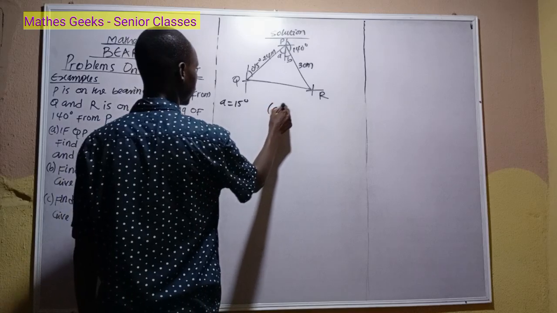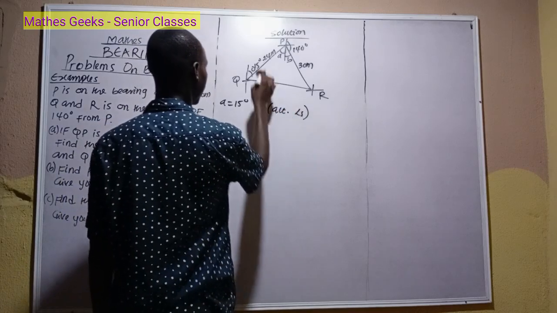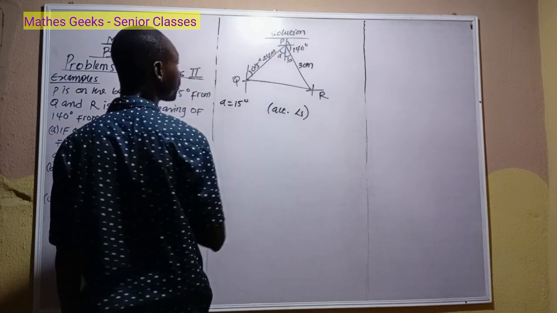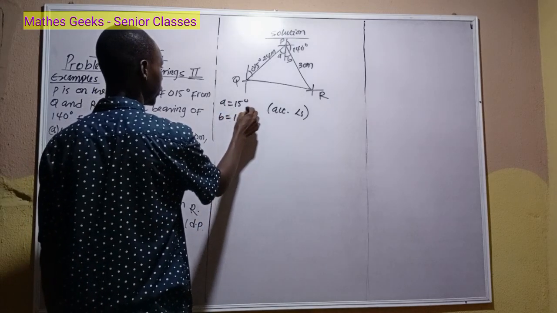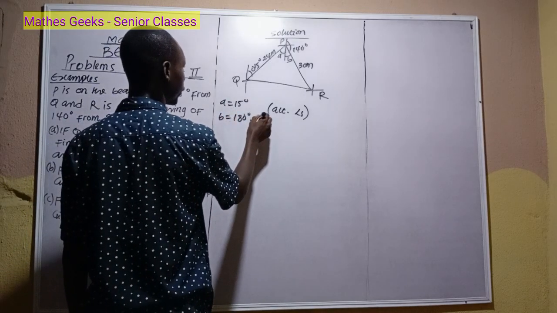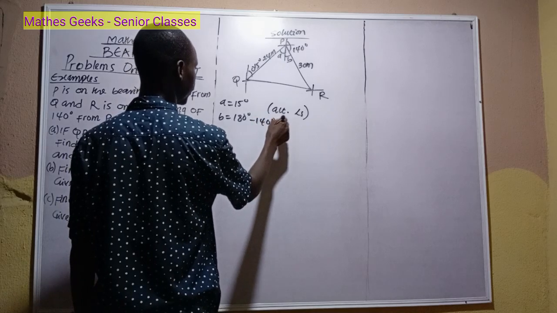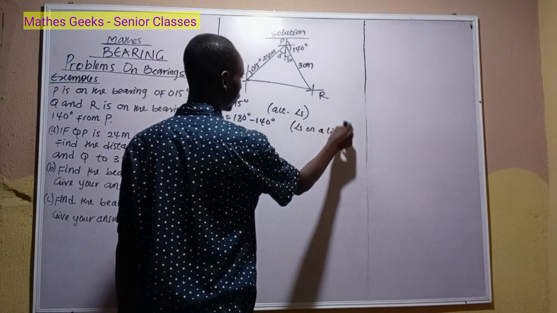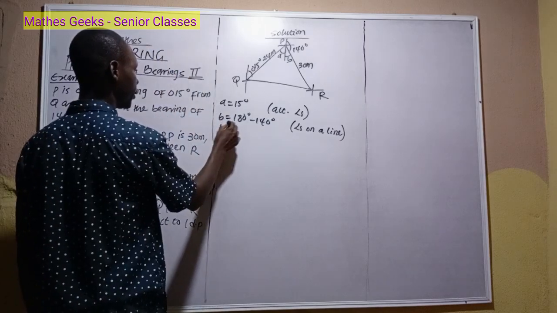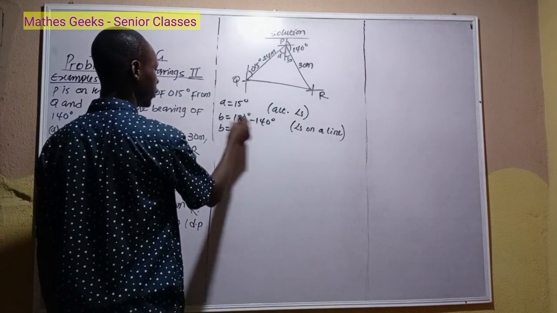Why? Alternate angles. A is alternate to this angle here, and then B is equal to 180 degrees minus 140 degrees. Why? Angles on a line. So B is equal to 40 degrees.